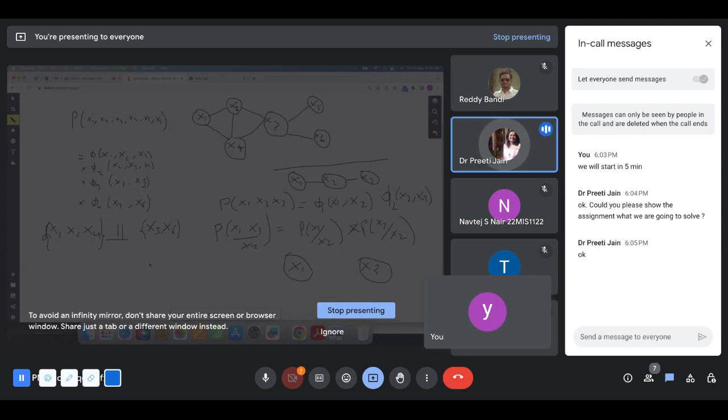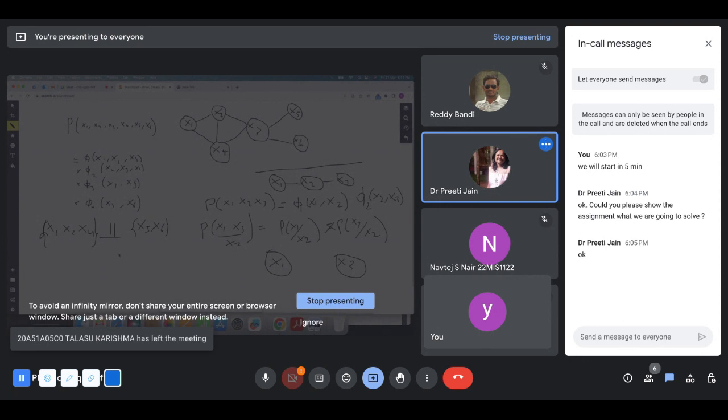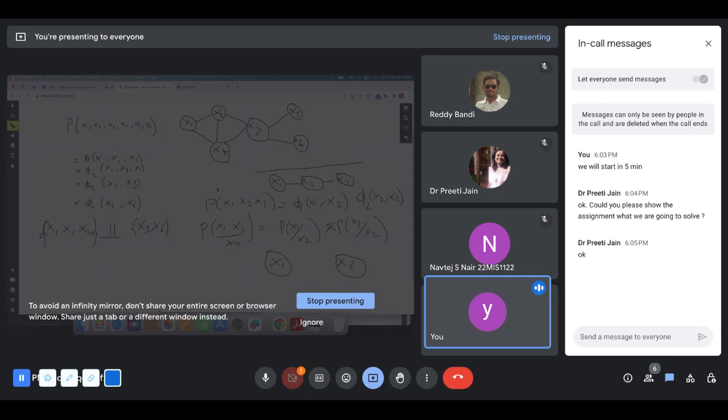Could you please summarize this in one statement? I missed it due to network issues. So basically, here we have discussed the notion of independence in undirected graphical models.